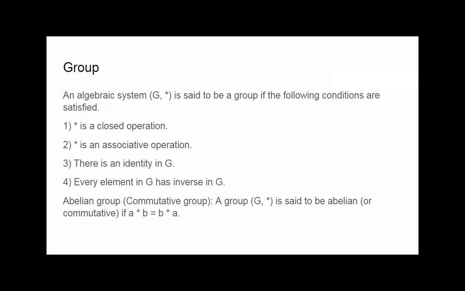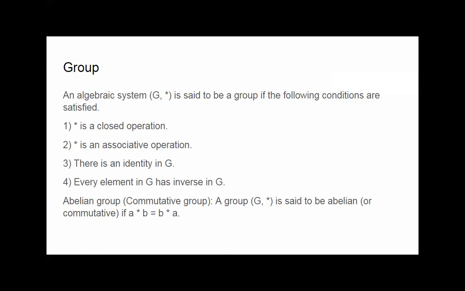For being an algebraic system, closed operation is a necessity, which means the set should be closed under the binary operation. Then and only then it is called an algebraic system.